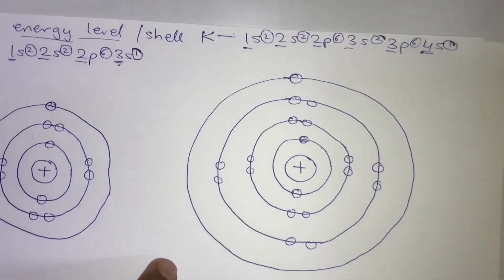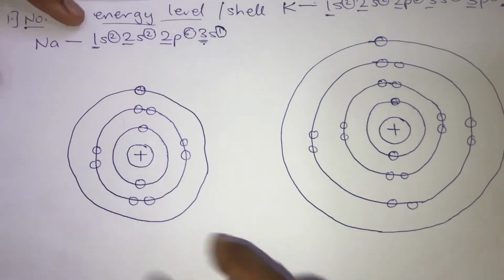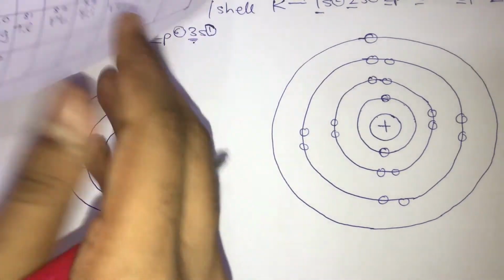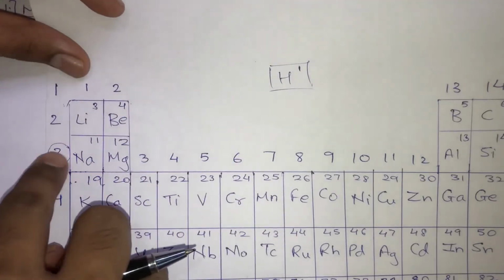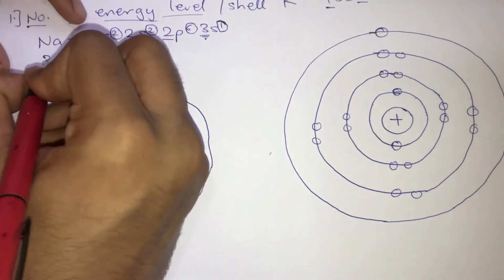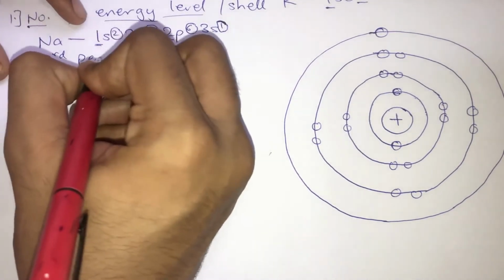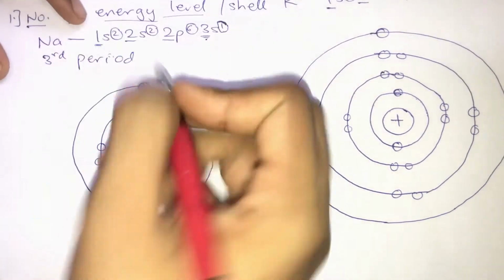What I want you all to observe over here is that this sodium atom is present in the third period, am I right? And this potassium atom is present in the fourth period.